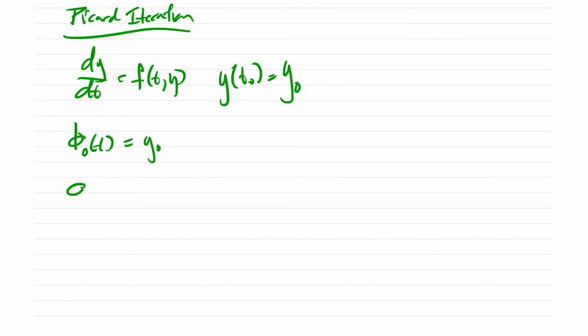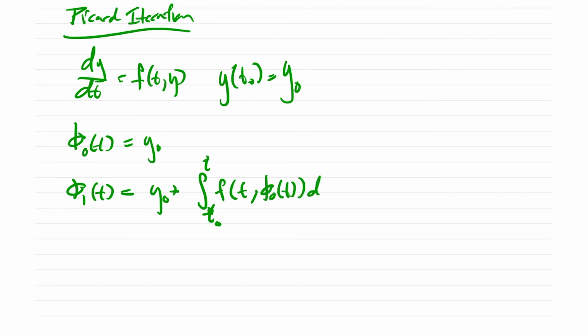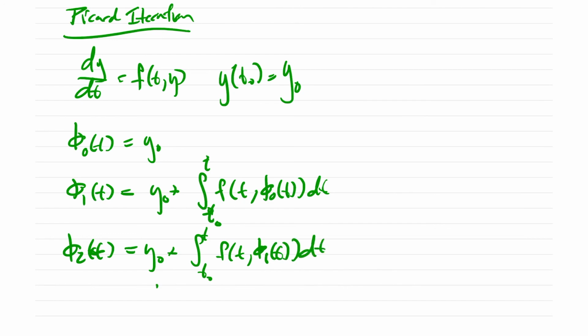Then phi 1 of t should be y naught plus the integral from t naught to t of f of t, phi naught of t dt, and then phi 2 of t should be equal to y naught plus the integral from t naught to t of f of t comma phi 1 of t dt, and etc.